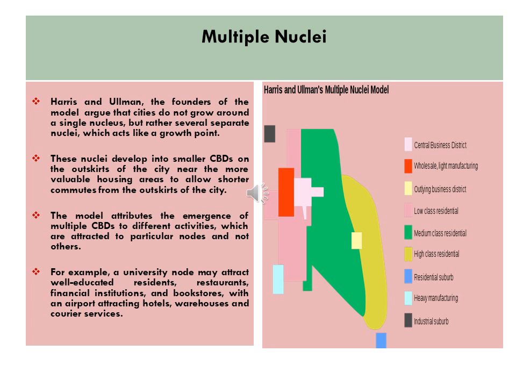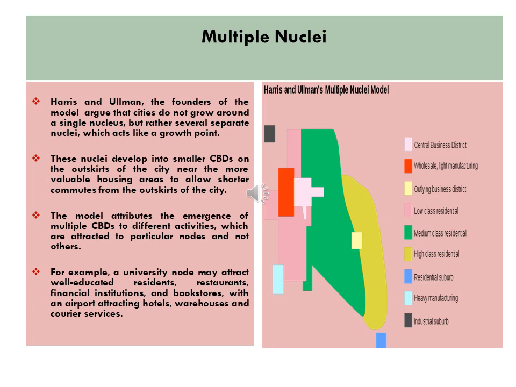While the sector model and concentric ring model argue that a city starts growing from a single CBD outward, although taking different paths, the multiple nuclei model insists that a city need not grow from one single CBD, and that there can be several CBDs in any given city, and each CBD will act as a center of development and growth.